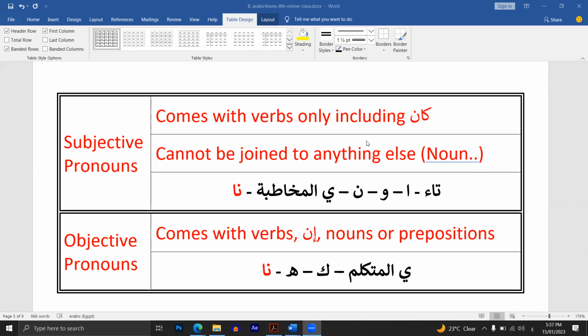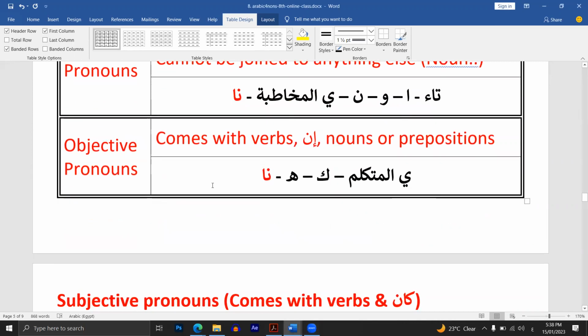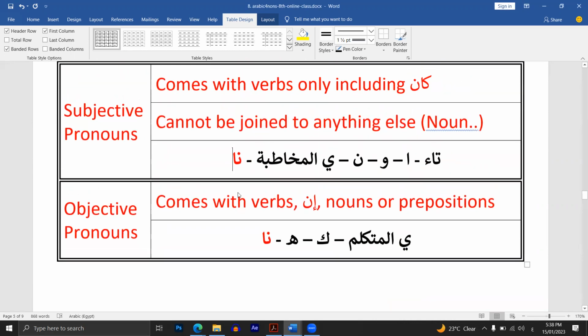In objective pronoun of noun, what do we call it? When na comes as a subjective pronoun, we call it na al-fa'ilin.